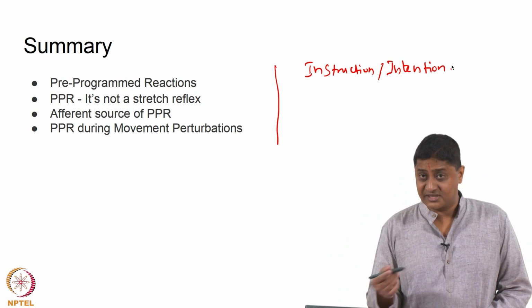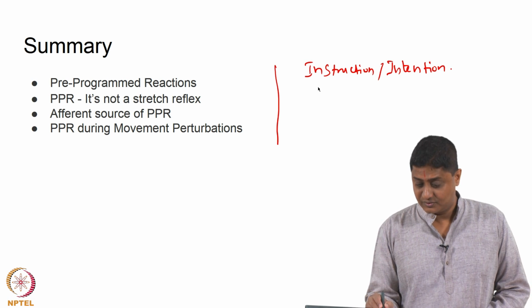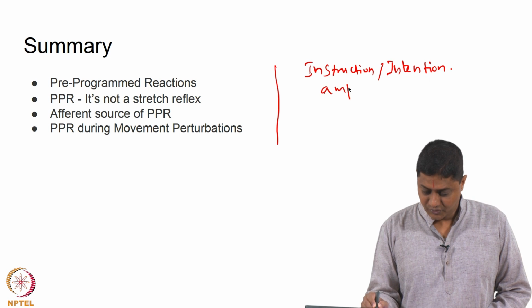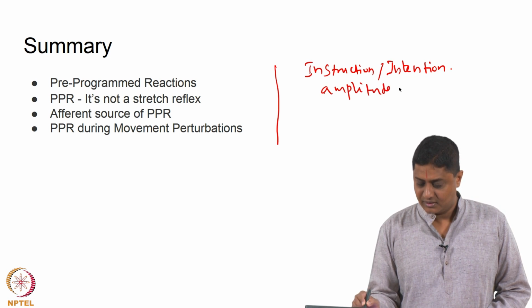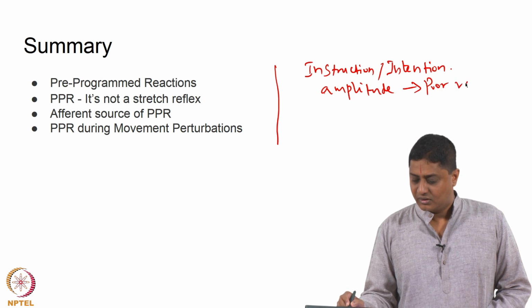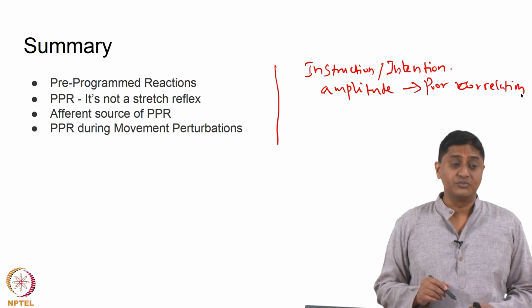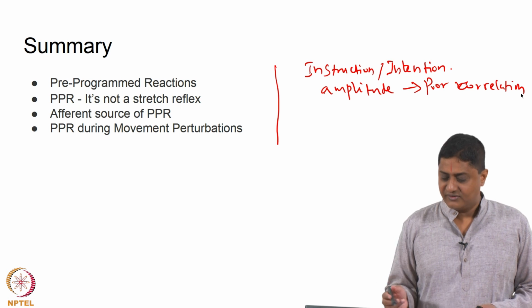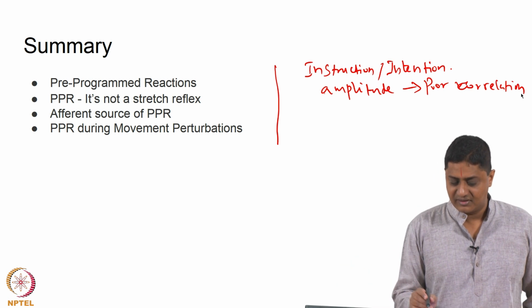And a person can pre-program any function. So, anything can be pre-programmed, and response amplitude does not correlate well with the stimulus amplitude. Okay. Now, what else? We will see what else is there in the next class.